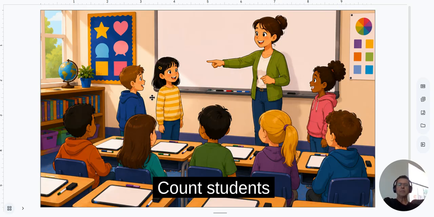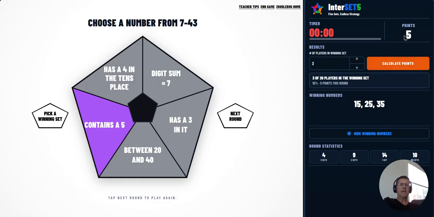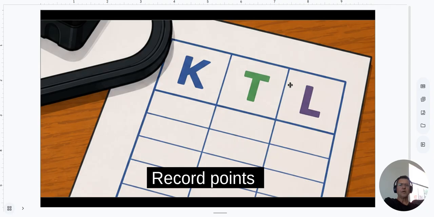They can just stand up to show that they have a number that landed in the set. The teacher counts how many students were in the winning set, and then they go on to the screen here and enter. In this case, there's 3 students in the winning set. Hit the calculate points, and those 3 students would get 5 points each, which then they record on their point sheet.